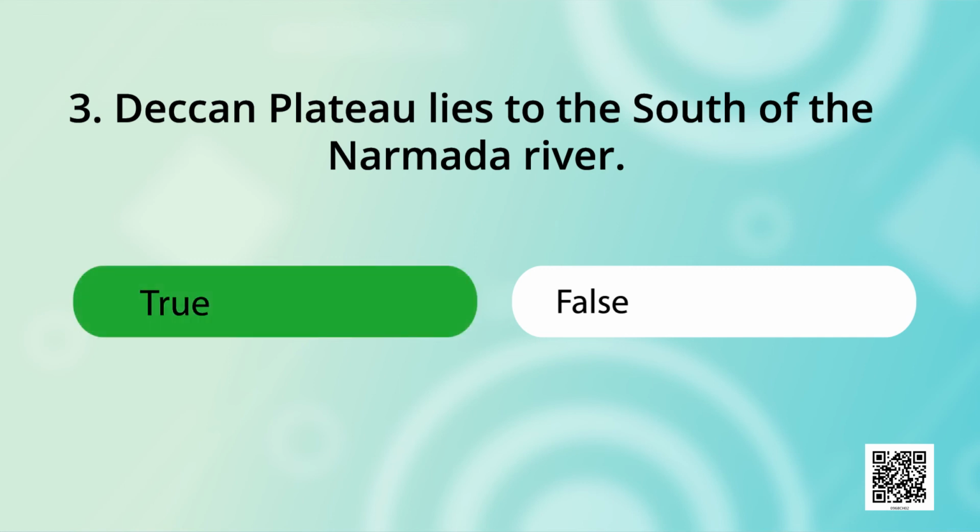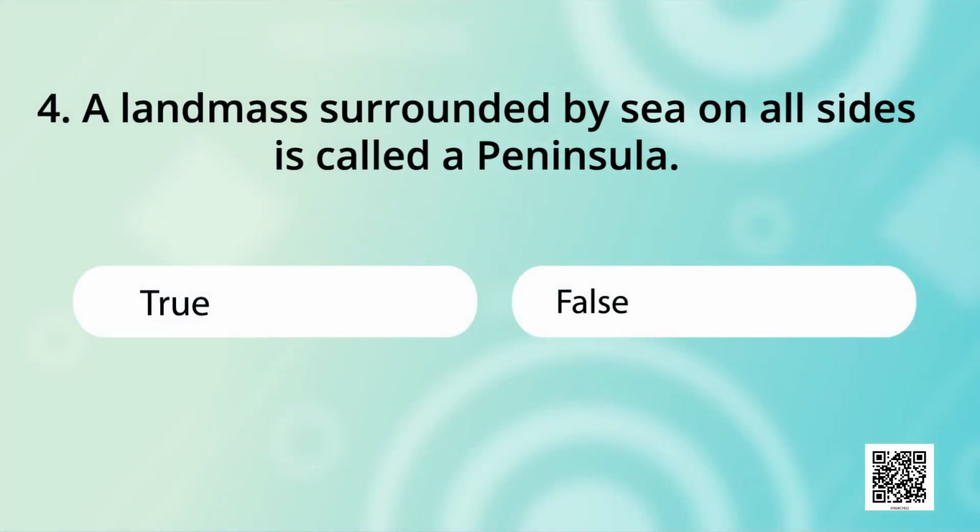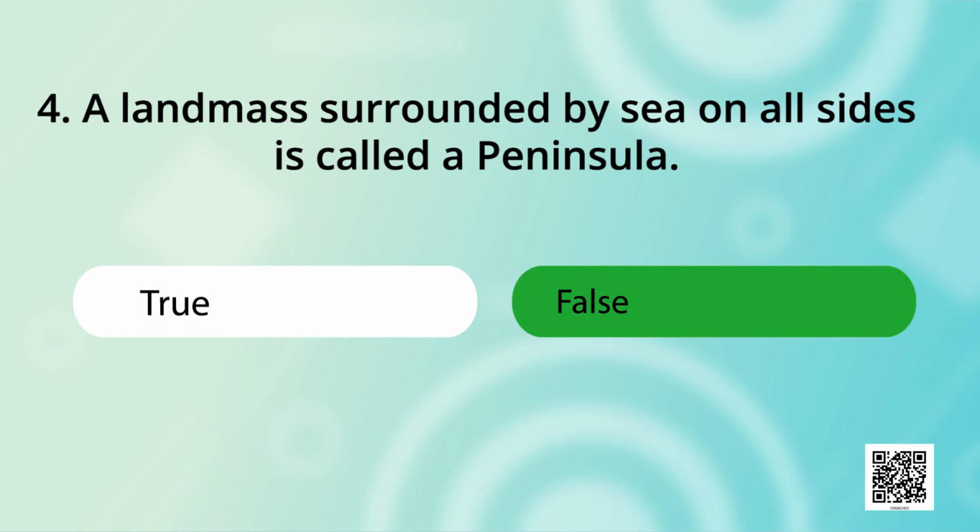And the last sentence is, a landmass surrounded by sea on all sides is called a peninsula. This sentence is false because a landmass surrounded by sea on all sides is referred to as an island and not as a peninsula.